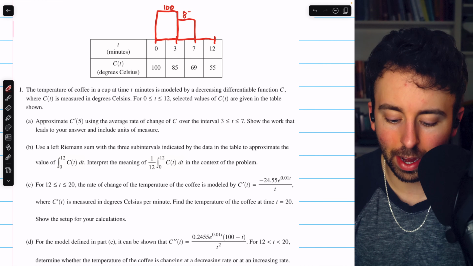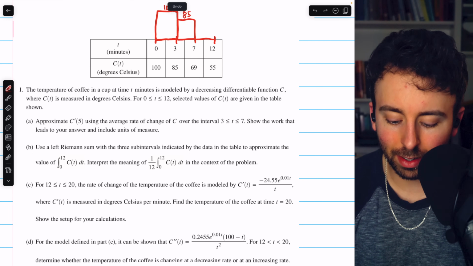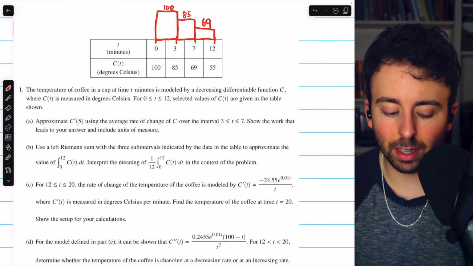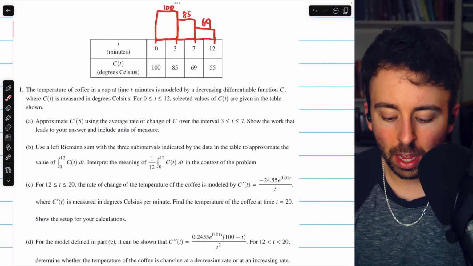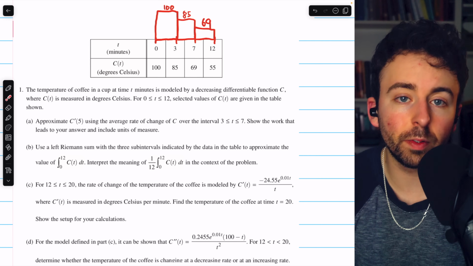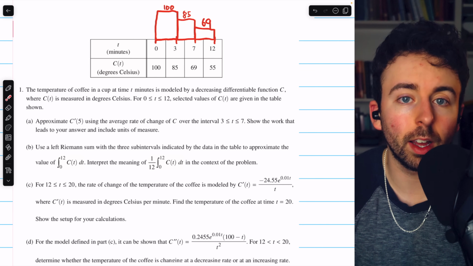That has a height of 85. And then the final rectangle has a height of 69 because that's the left endpoint at t equals 7. So maybe that looks something like this. Using this Riemann sum, adding up the areas of these 3 rectangles, we will have an approximation of the integral of c of t from 0 to 12, an approximation of the area under the curve.